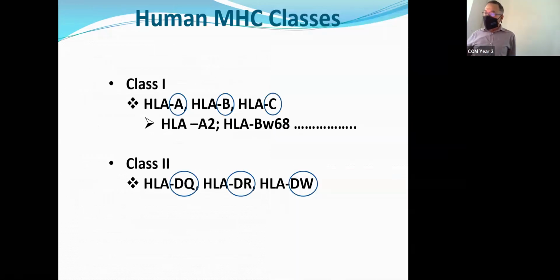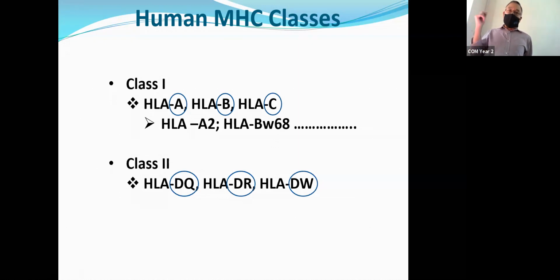So what this means is that we have three groups of class 1 MHC, A, B, and C. That means that we inherit the A, B, and C alleles from both our mothers and our fathers, which means that we express a total of 6 class 1 MHC genes. All right?